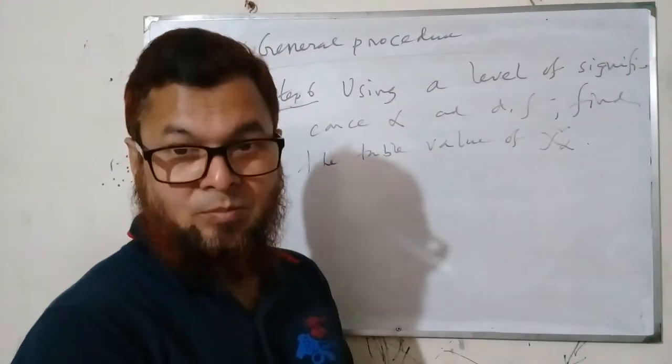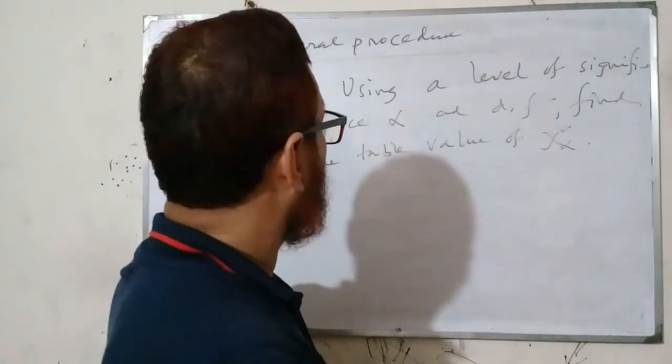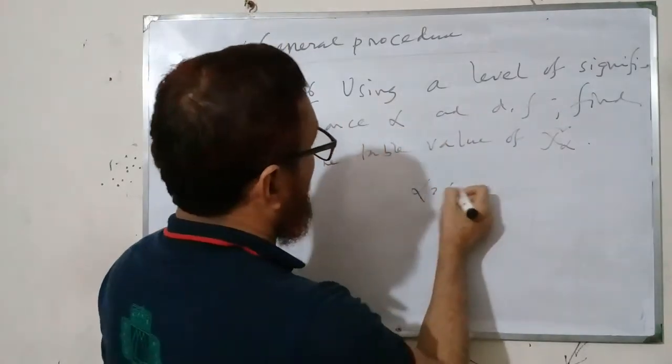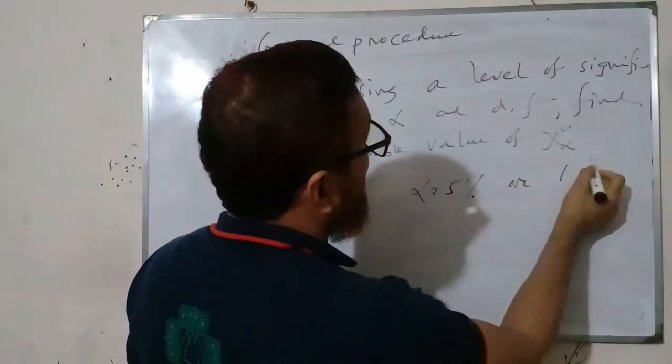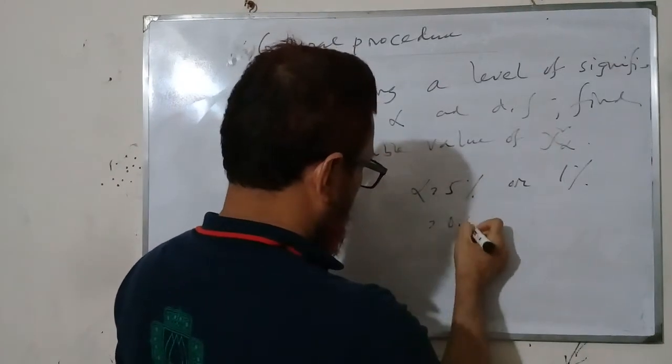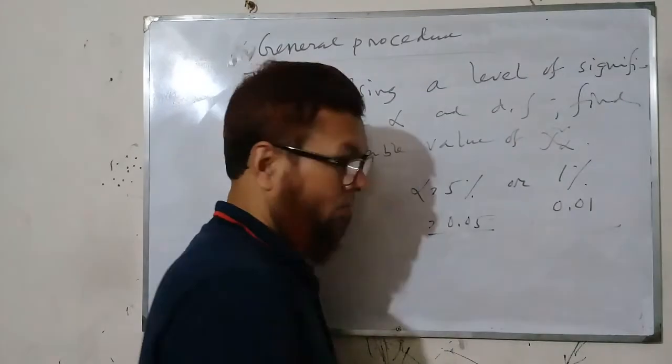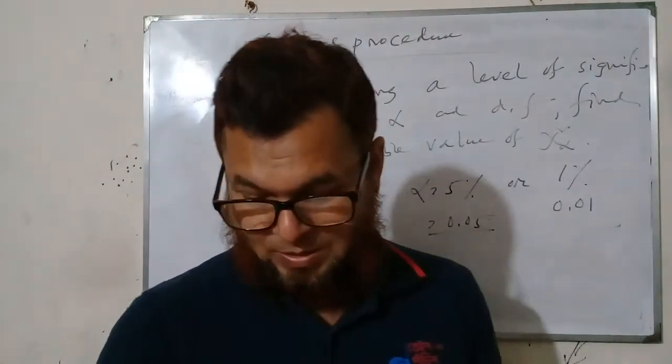Alpha means either 5% or 1%, that is 0.05 or 0.01, the level of significance.